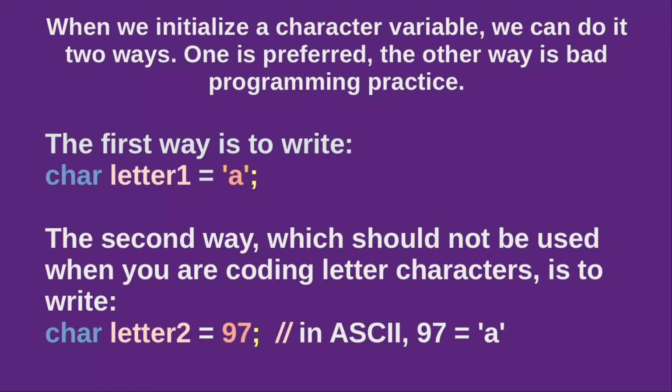This is considered by some to be extremely bad practice if you are using it to store a character, not a small number, in that if someone reads your code, most readers are forced to look up what character corresponds with the number 97 in the encoding scheme. In the end, letter1 and letter2 both store the same thing, the letter A, but the first method is clearer, easier to debug, and much more straightforward.